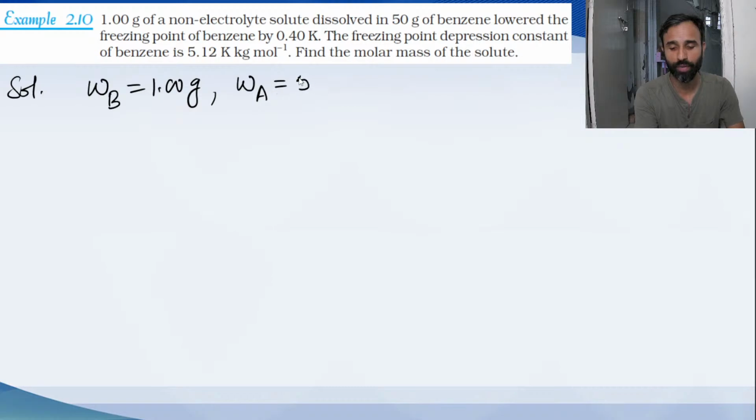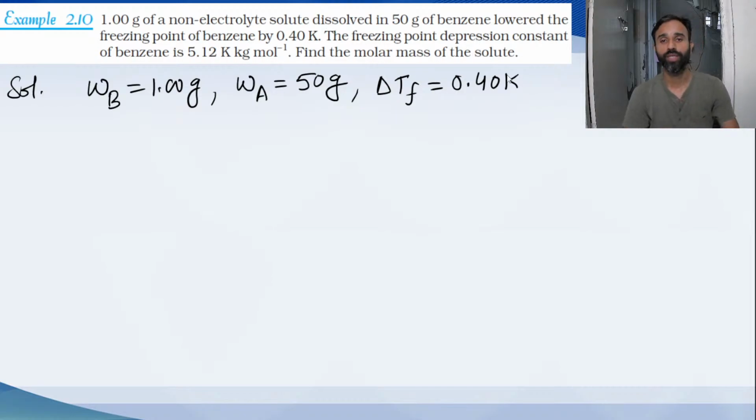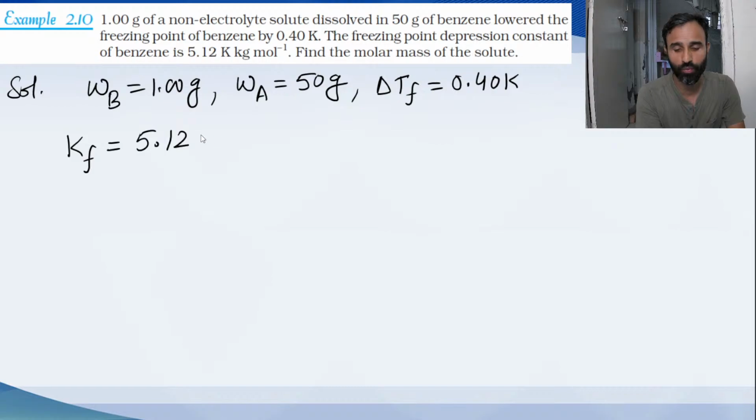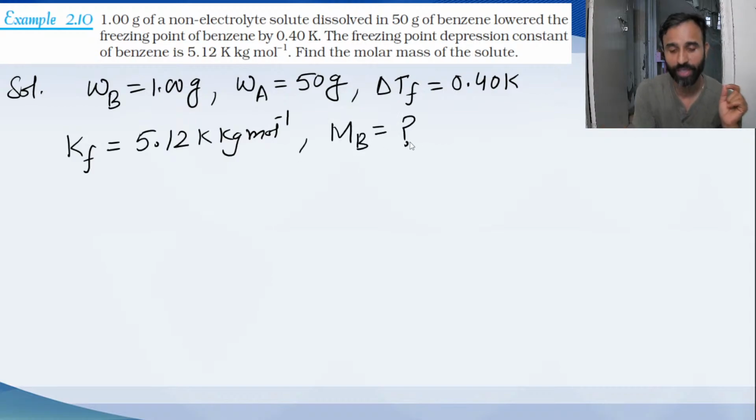It lowered the freezing point of benzene by 0.40 Kelvin, that is delta TF is equal to 0.40 Kelvin. The freezing point depression constant of benzene, that is Kf for benzene, is given as 5.12 Kelvin kg per mole. To find the molar mass of the solute, MB, we have to calculate.